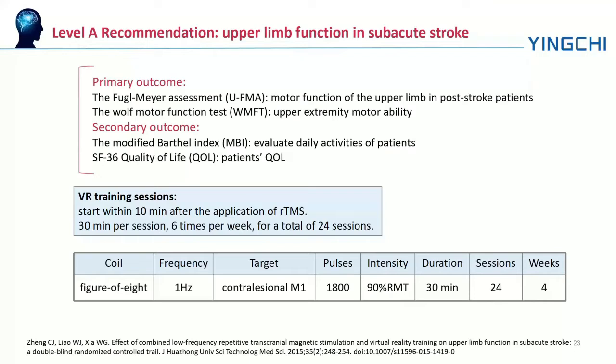And the VR training will start within 10 minutes after the application of rTMS, and it has the same duration as the TMS. As for the TMS protocol, they use a figure-of-8 coil with a low frequency to stimulate the unaffected hemisphere.